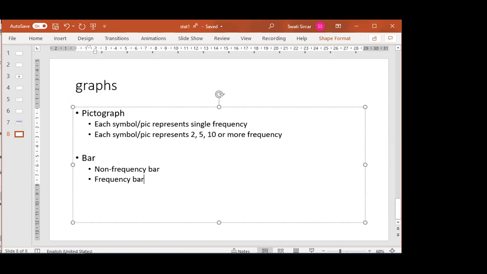Then each of these children sticks their strip of paper on a chart, and these will be the strips of paper, so it looks like a bar. Each bar represents one child. It looks completely like a bar, but do these bars represent frequency? No. That is an example of a non-frequency bar.